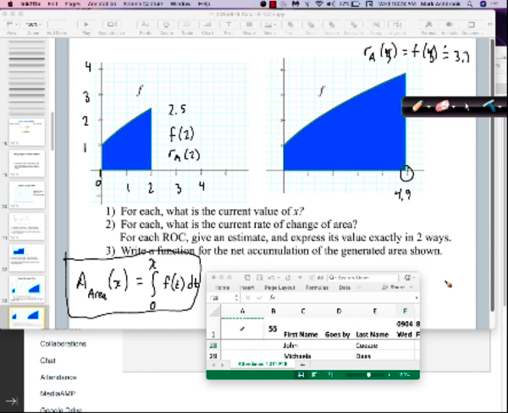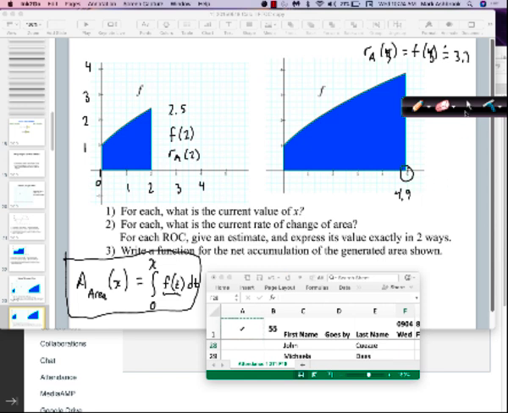So how many had that before he started me writing? Not enough. Doesn't make sense, right? What do we say? This is the rate of change. We spent all class figuring out that the rate of change of area is the value of the function, which is this right face, this leading face of that region being generated. Okay? So there's our area accumulation function.